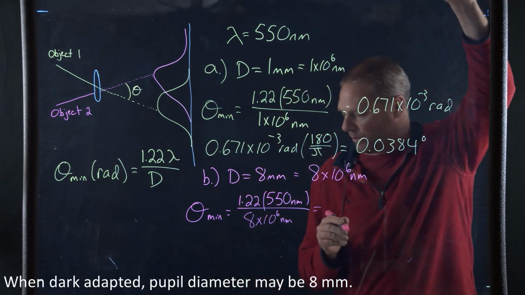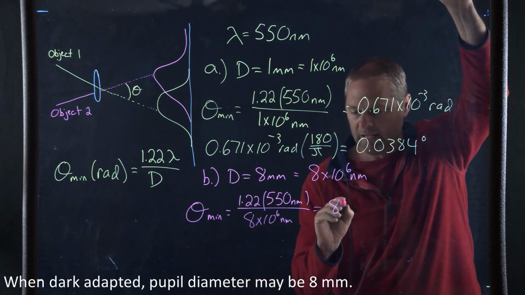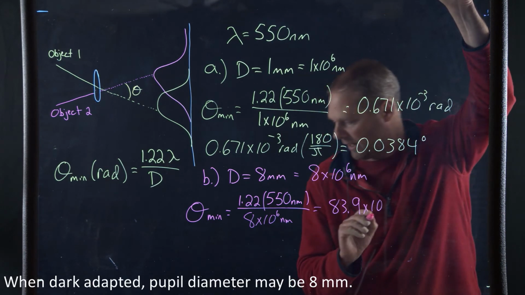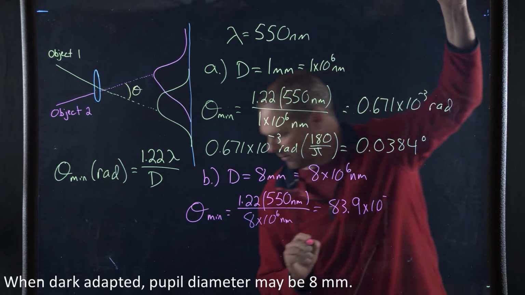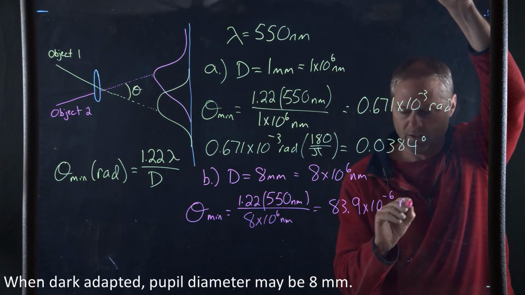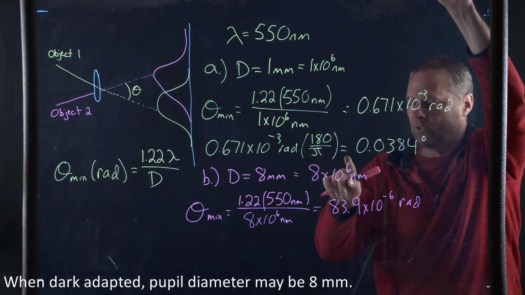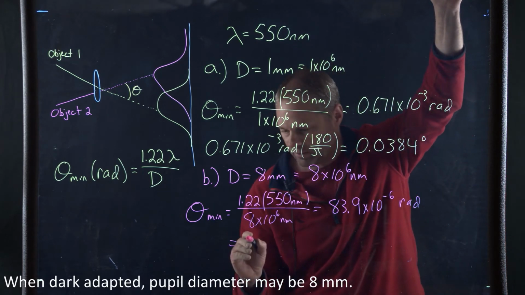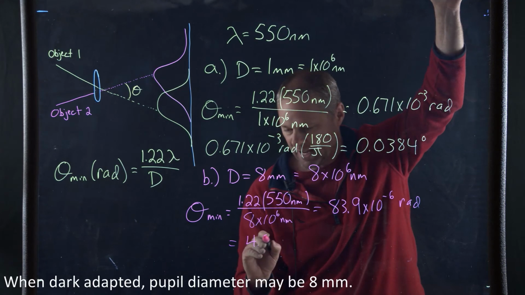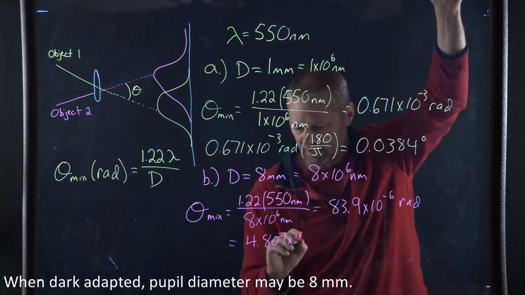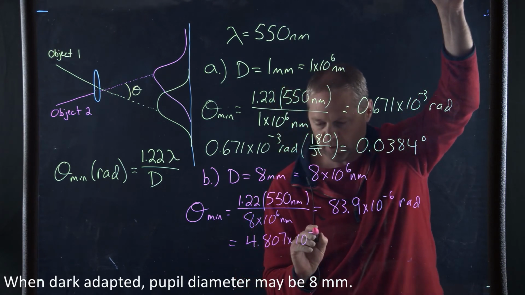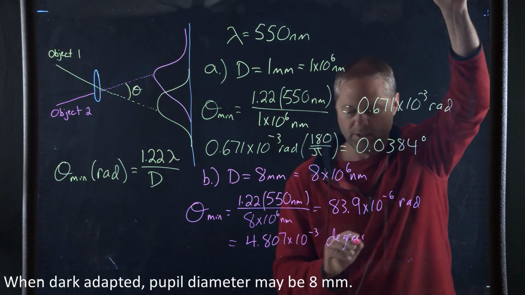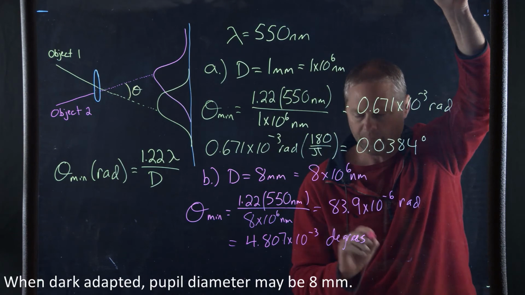And that is going to be equal to 83.9 times 10 to the negative 6th radians. We can do the exact same treatment as we did up here, and we find that this is going to be equal to 4.807 times 10 to the negative 3 degrees.